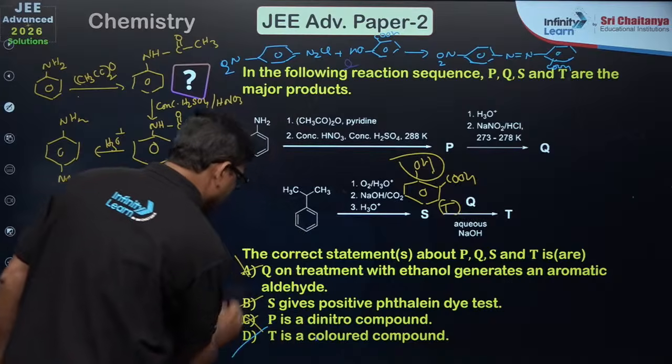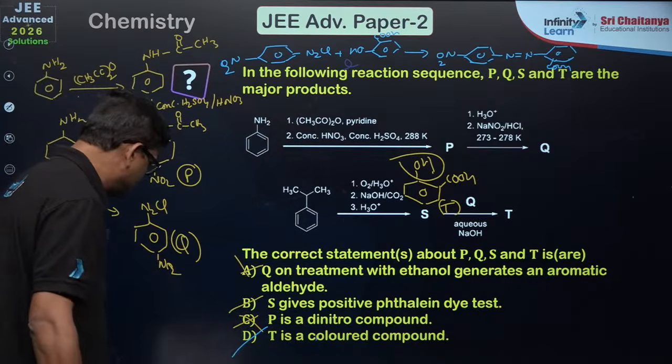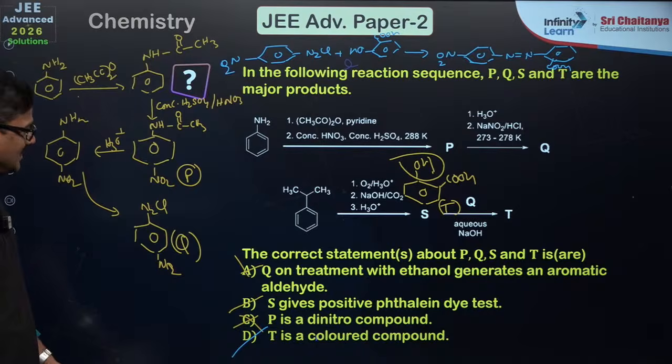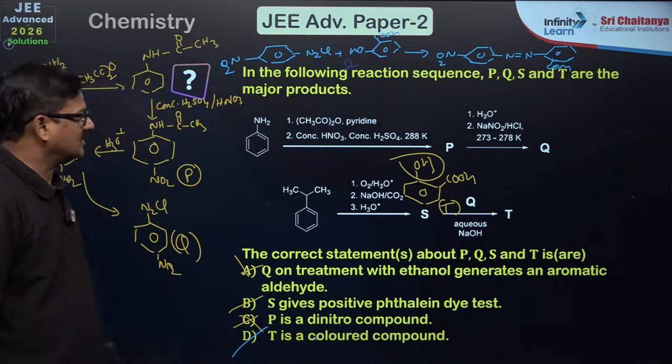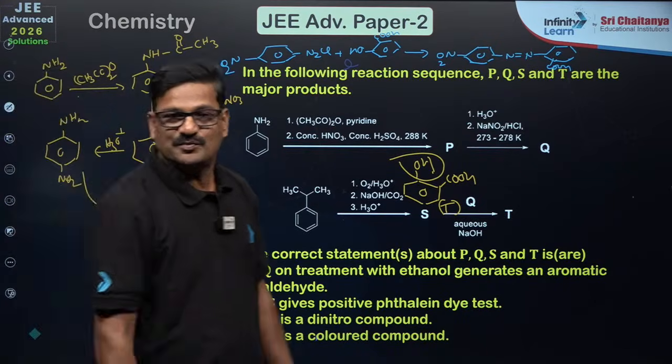Yes, it is correct. T is a colored compound. So for this we can go ahead with option D, and option B are correct. So if you have any doubts, please let us know.